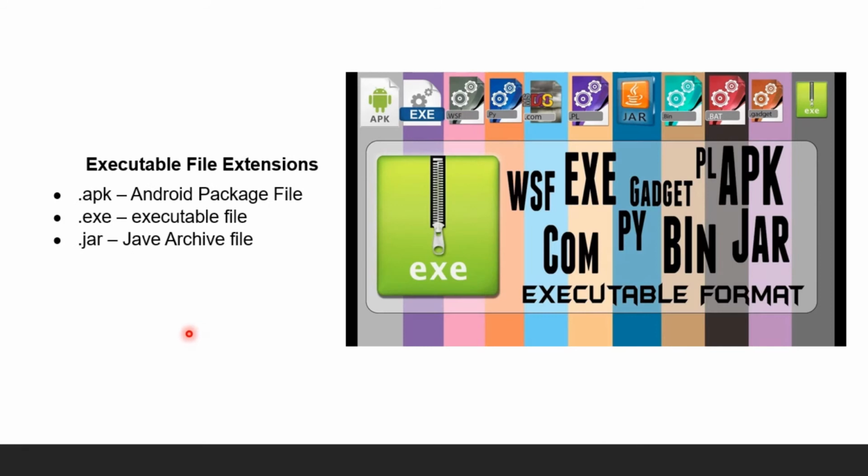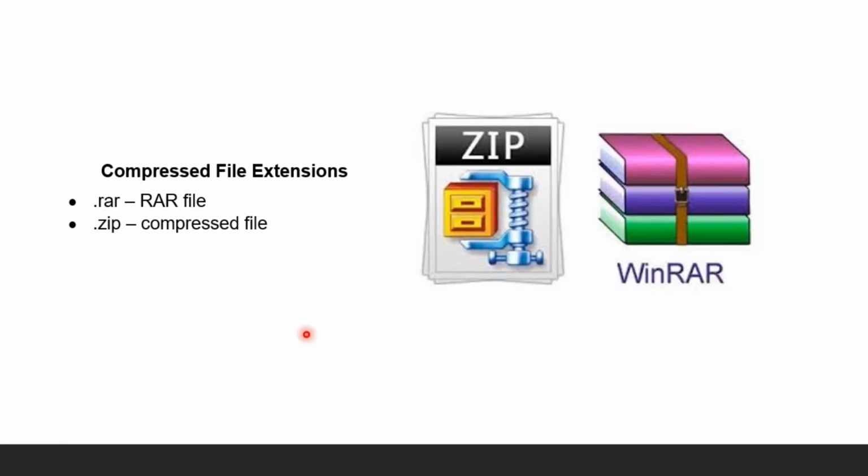Another is executable file extensions. For Android, the package file for your phones is .apk, and we also have .exe and .jar. And for compressed file extensions, we have .rar and .zip.